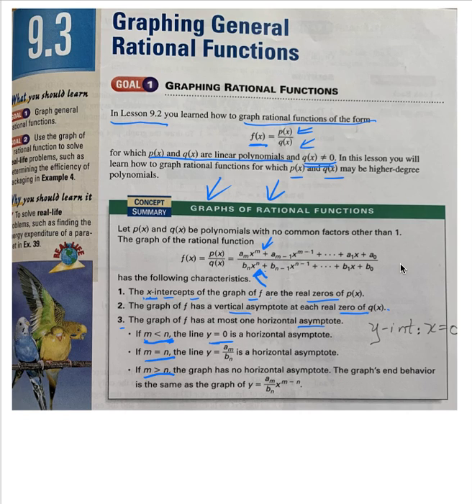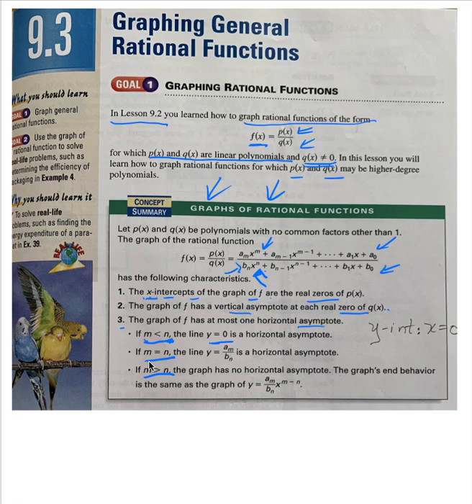Because as x goes off to infinity, the value in the denominator is going to get much larger than the value in the numerator. And what does that do to the overall value of the rational function? It approaches 0. The bigger the denominator gets, the smaller the overall number gets. And so we have a horizontal asymptote approaching 0, y equals 0.